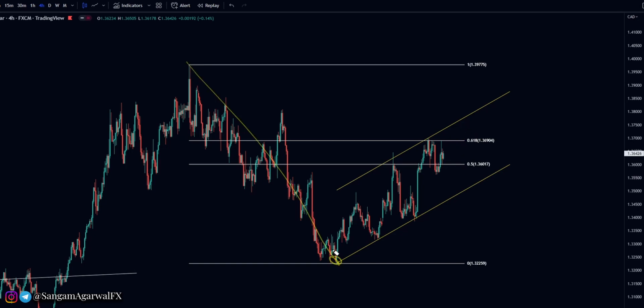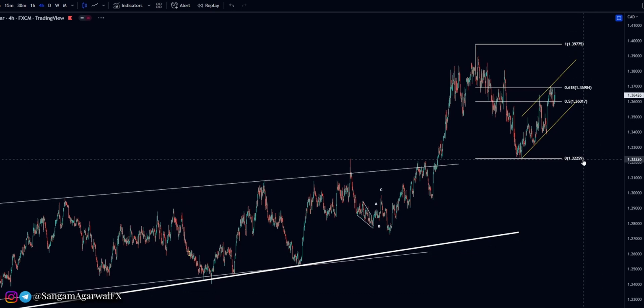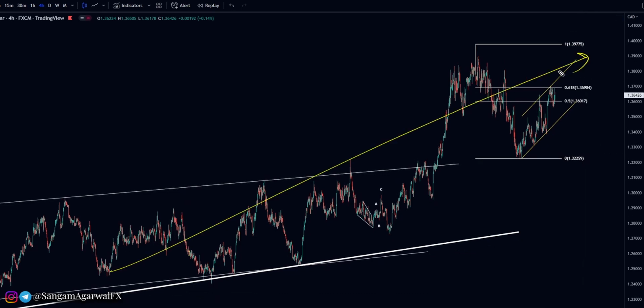But after the FOMC meeting this week, if the dollar drops again on Fed comments, then after the 61% retracement the next target will be a new lower low. In that condition your first entry is the 61 retracement level, and you can get another selling opportunity on a breakout of this trend line, because dollar pairs were going up when the Fed was doing QT, but that trend will be opposite next year.